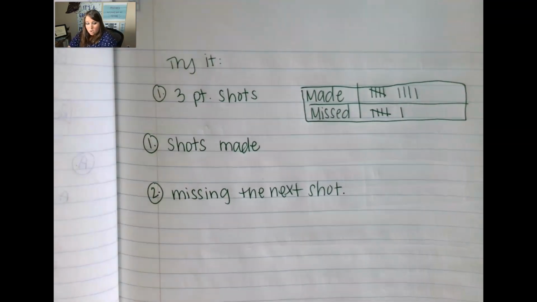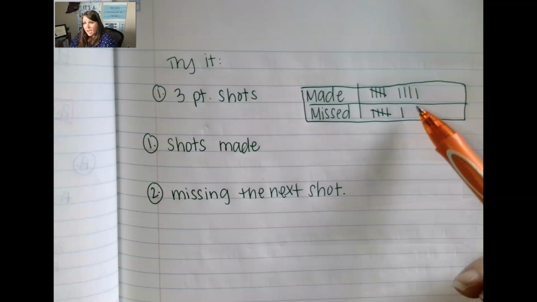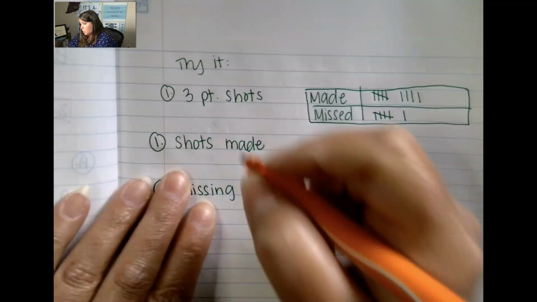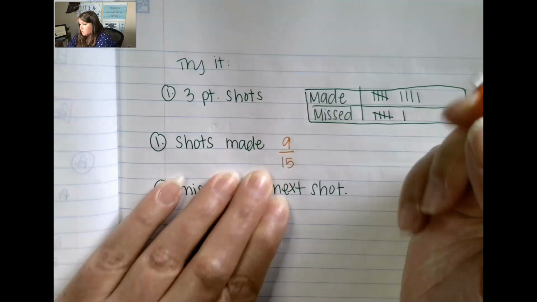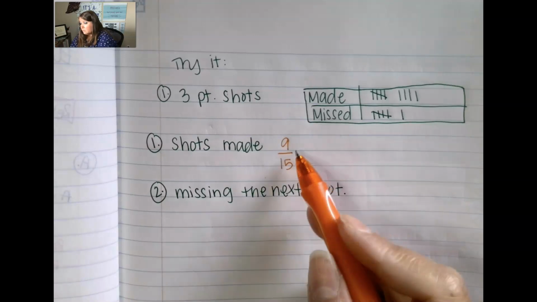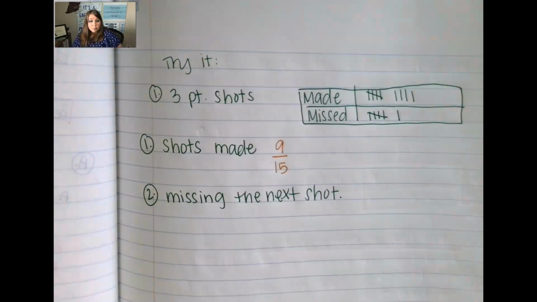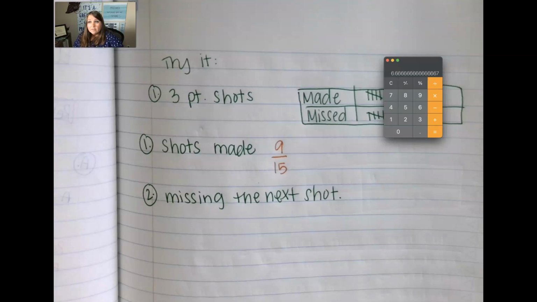All right, so when we make our baskets, we made 9 out of 15 total shots. Well, we need to get this out of 100%, right? So we're just going to do 100 divided by 15, and that gives us that number.